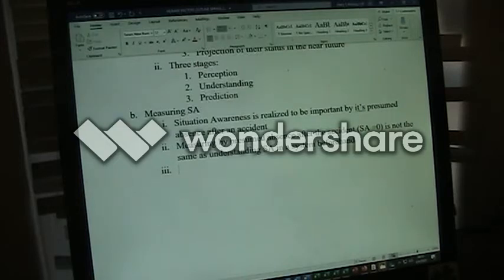So one way that situation awareness is measured is by asking questions about the task during the operation of a system.